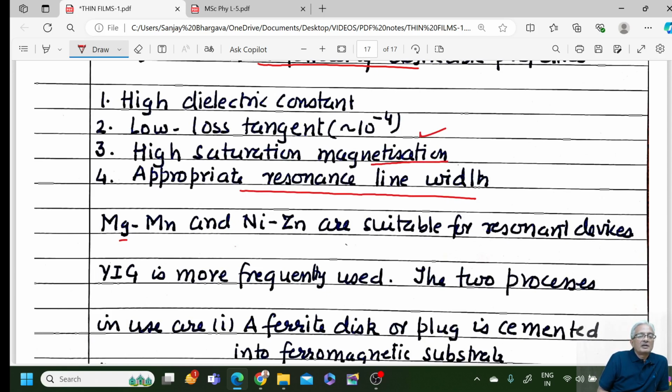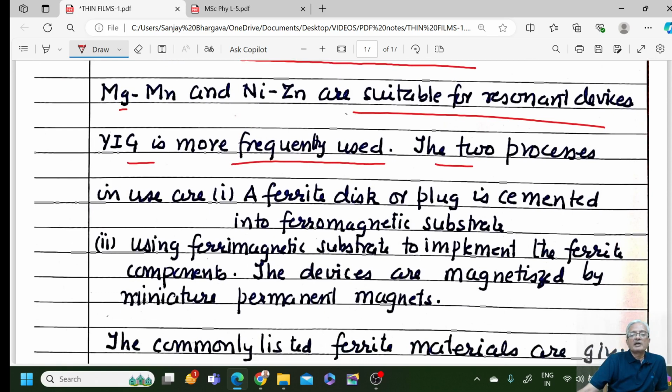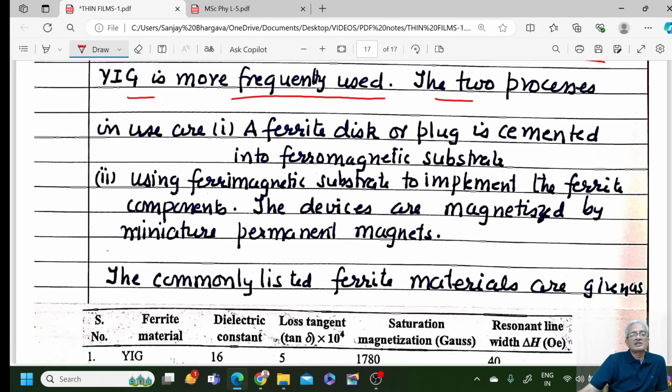Mg, Mn, nickel and zinc are suitable for resonant devices. YIG is more frequently used. The two processes in use are a ferrite disc or plug-in cemented into ferrimagnetic substrate. Using ferrimagnetic substance to implement the ferrite components, the devices are magnetized by miniature permanent magnets.